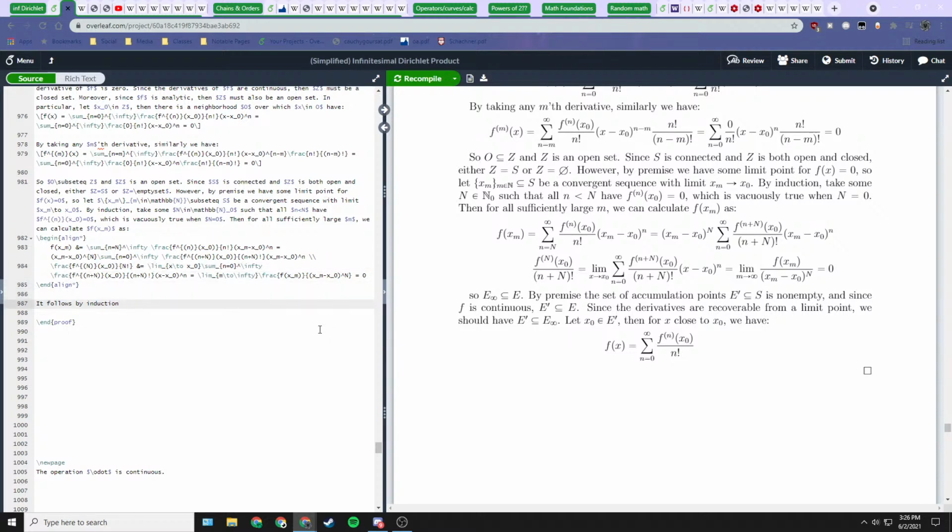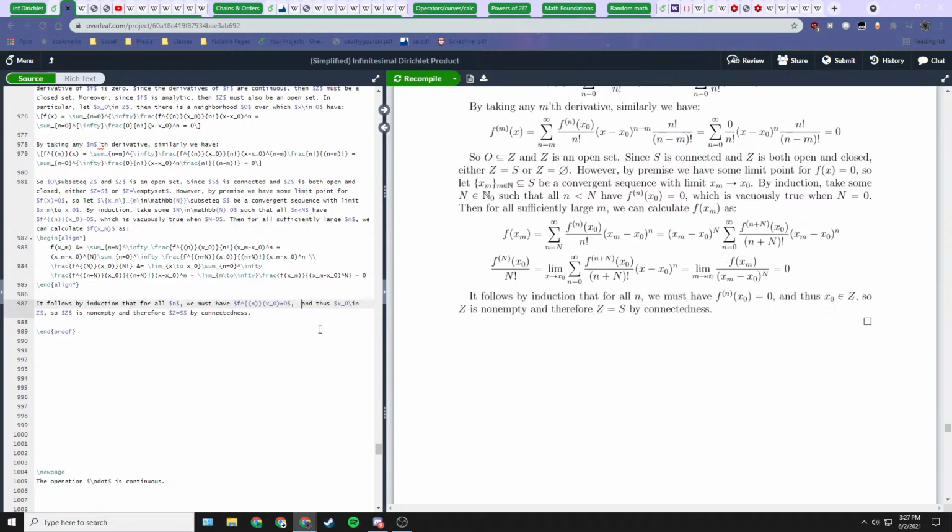So it follows by induction that for all n, we must have the nth derivative of f at x0 being 0, and thus x0 is in the Z set. So Z is non-empty, and therefore Z equals S by connectedness.